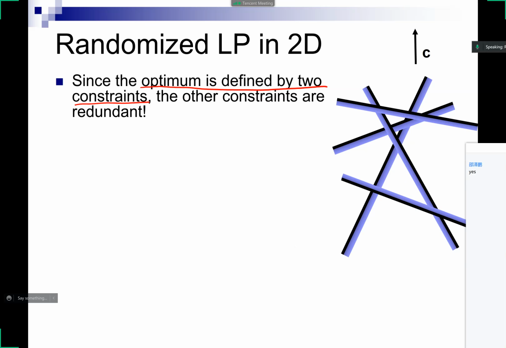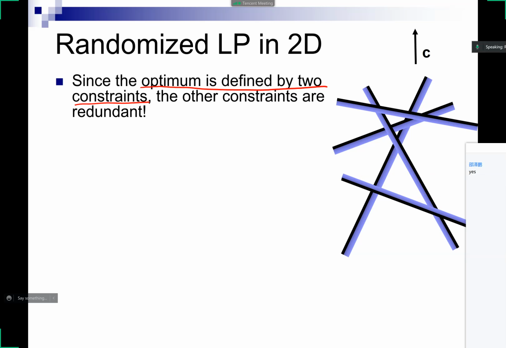Suppose you have this situation over here. Here I'm drawing a bunch of constraints, and each of these lines represents a constraint. The purple line is saying that all of the feasible points have to lie on the purple side. So for this constraint, all of the feasible points have to lie below this line, and for this line over here, all of the points have to lie above it.